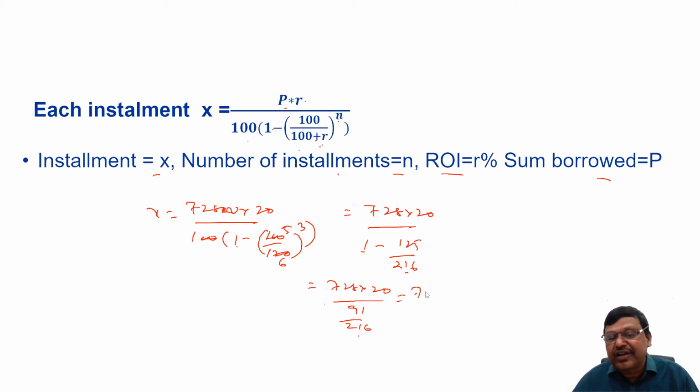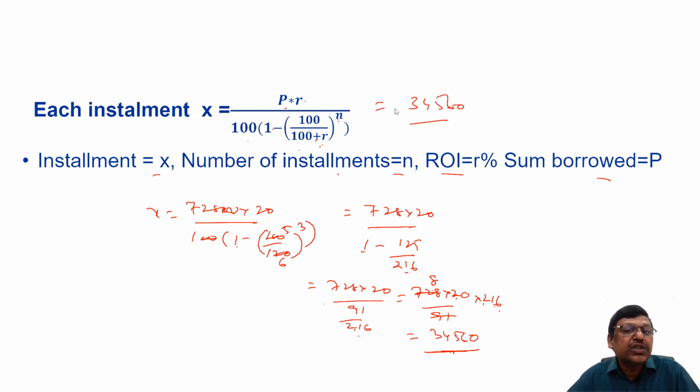The denominator goes to the numerator. 728 into 20 by 91, and this 216 goes to the numerator. 728 divided by 91 is 8, and 8 into 20 is 160. 160 into 216 will be 34,560. So the answer is 34,560. This is using the formula.